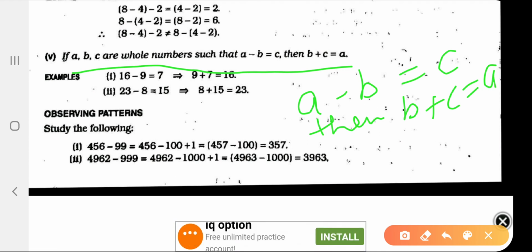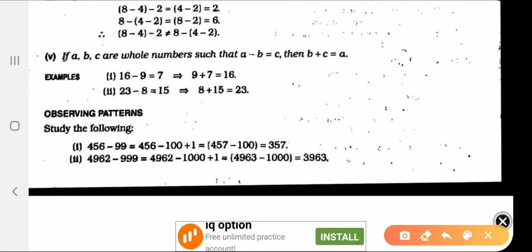I'm telling you how. When I'm writing a minus b equals c, I have told you that a negative sign, when it changes its side, that is when it goes from left to right, becomes positive.